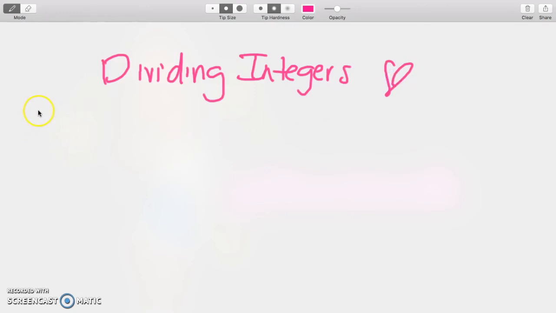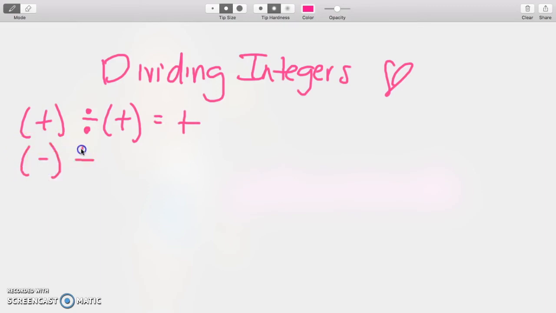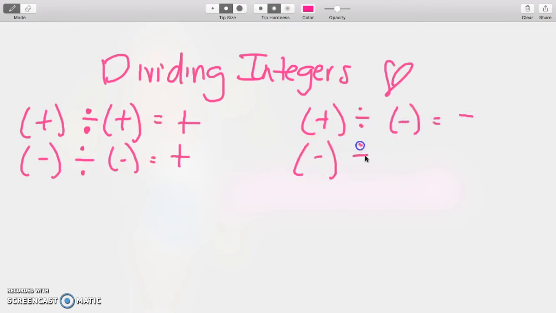A positive divided by a positive yields a positive answer. A negative divided by a negative will yield a positive answer. A positive divided by a negative will yield a negative answer, and a negative divided by a positive will also yield a negative. These are the rules that we will use to divide integers.